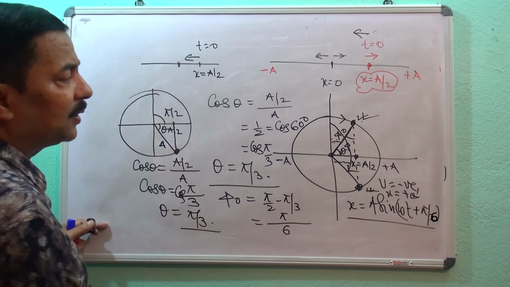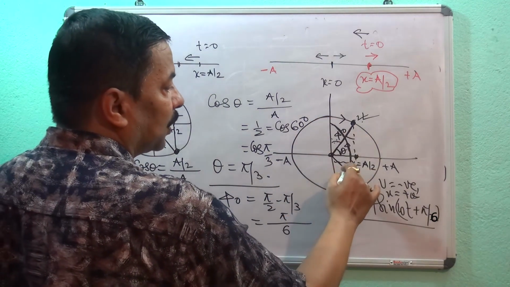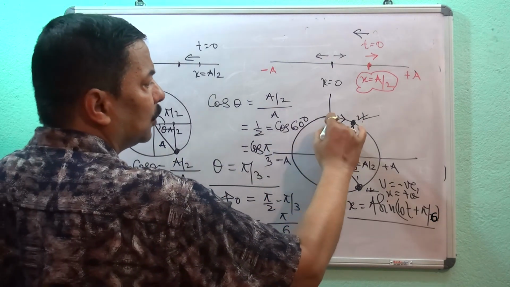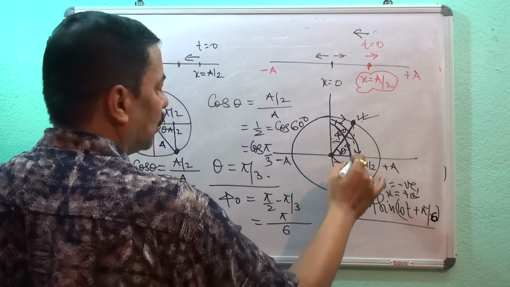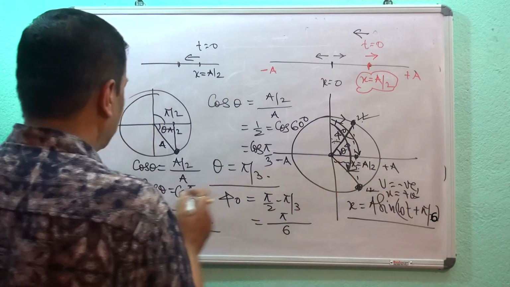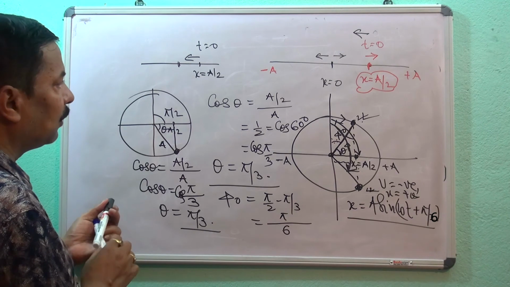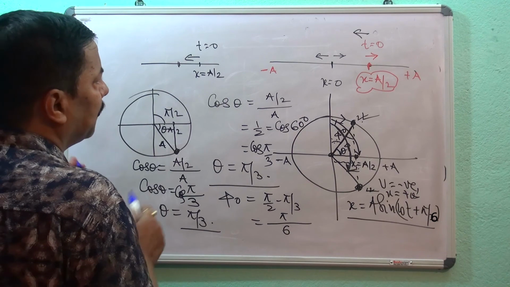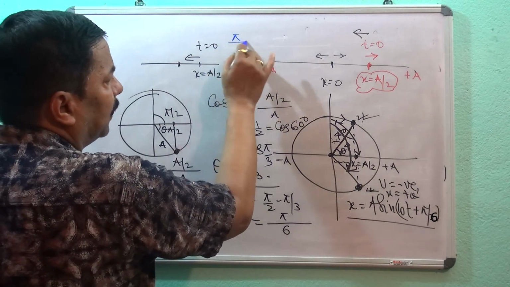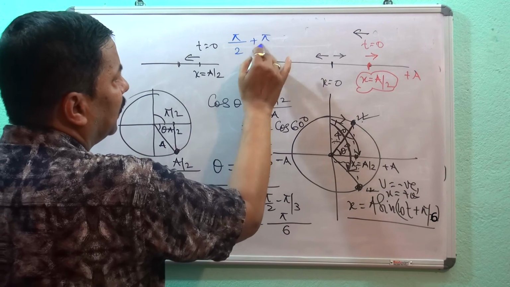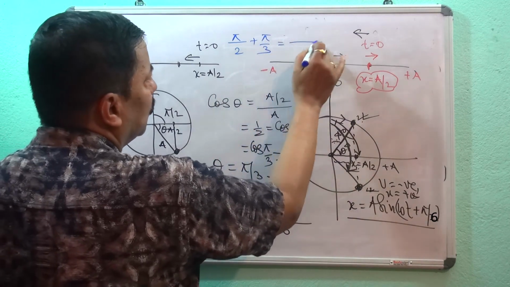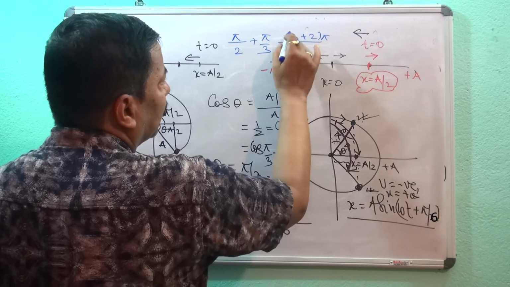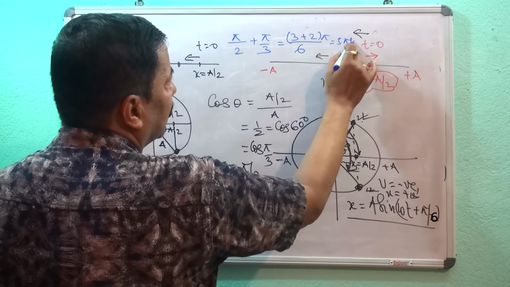Now when theta is pi by 3, you want the complete angle. So for the complete angle, you will have to take this portion as pi by 2 and this as pi by 3. So we are getting pi by 2 plus pi by 3, that is 3 plus 2 over 6, which is 5 pi by 6.